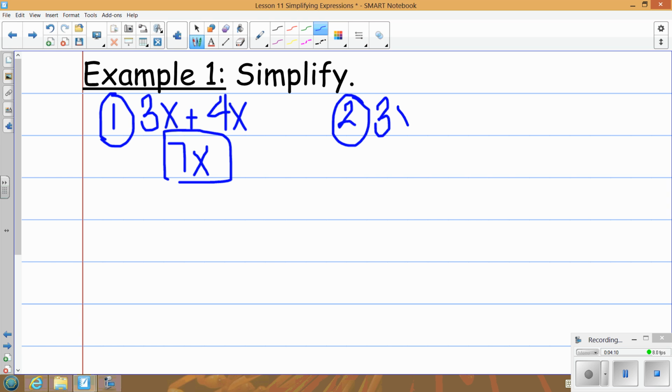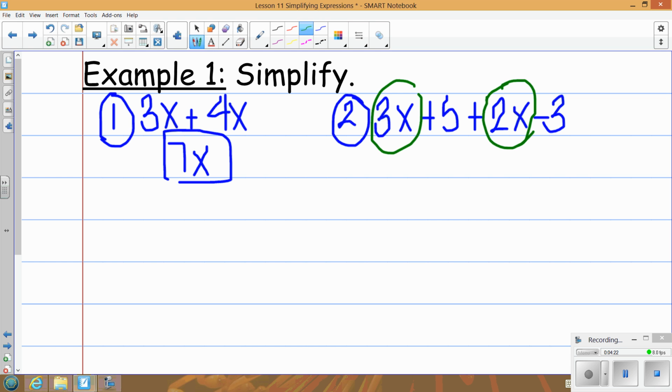So what if I have something like this? 3x plus 5 plus 2x minus 3. Normally, automatically, you start grouping your like terms. You start looking at, okay, 3x and 2x are like terms, and the 5 and the negative 3 are like terms. We could just do the math in our head, but just to show you for this one example, we can rearrange these.